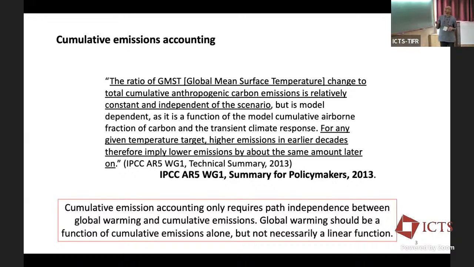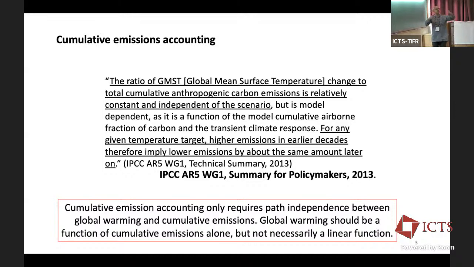So there's a lot going on in this paragraph, but there are really three points. The first is the proportionality that we saw earlier. So the ratio between the surface temperature change and the area under the emissions curve is relatively constant for a given model. The second is the question of model uncertainty: it's model dependent, depending as it does on other things in addition to the cumulative carbon, which is the airborne fraction.